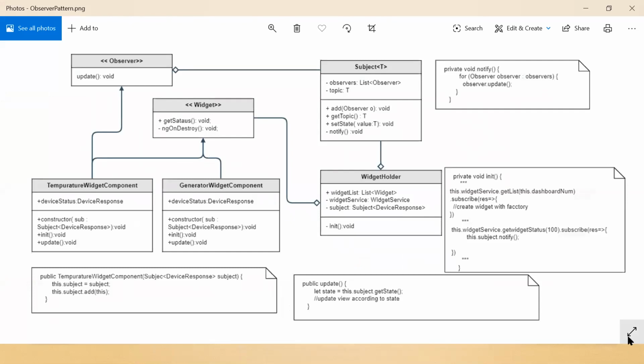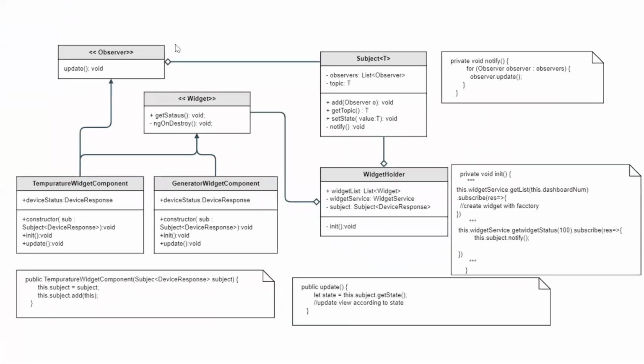So I'll explain this diagram. In this diagram we have a widget holder. This is the intermediate person. Earlier we were on the older side; now we are taking an intermediate person, the widget holder.